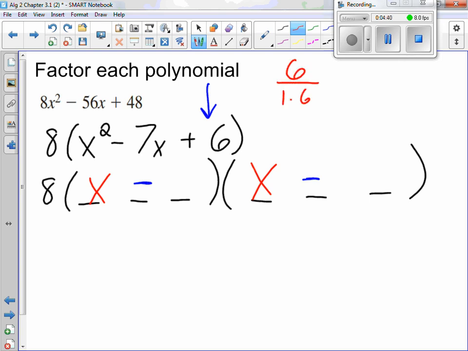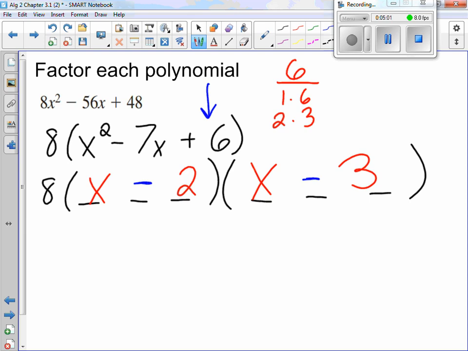We're going to have 1 and 6 or 2 and 3. So which ones do we want to try first? 1 and 6 or 2 and 3? Let's try 2 and 3.